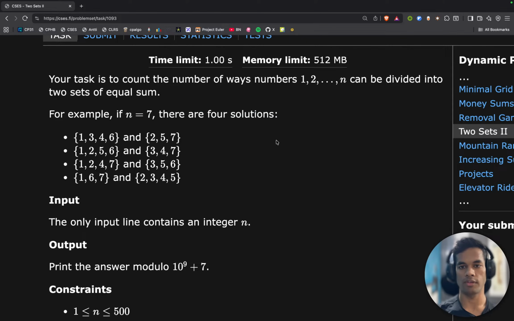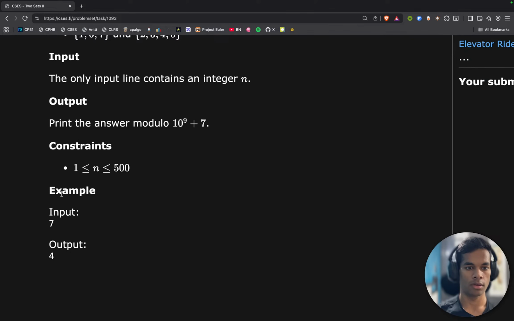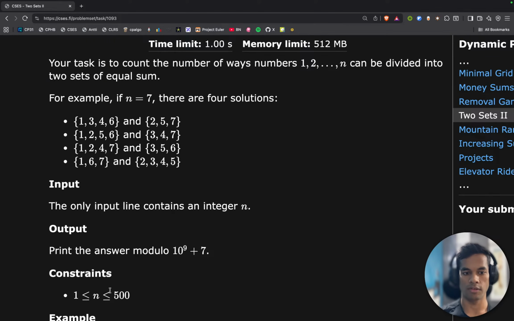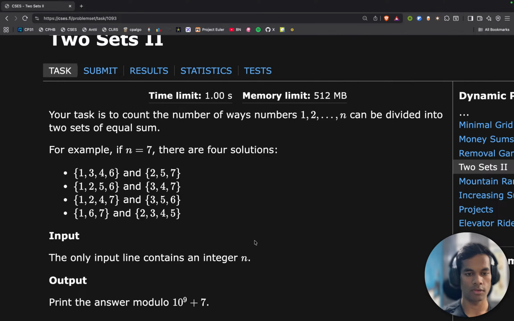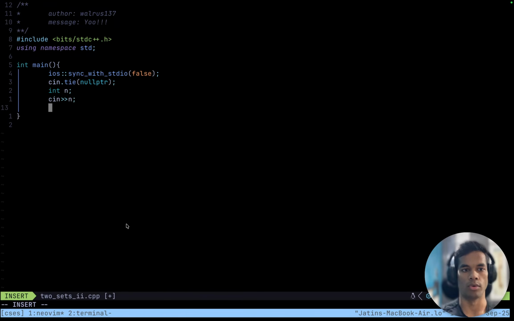For 1, n can be equal to 1, then there would be no possible way. If n is 2, then the sum is 3, and there would be no possible way to get us equal sum. Well, then I can just return 0. Yeah, cool.